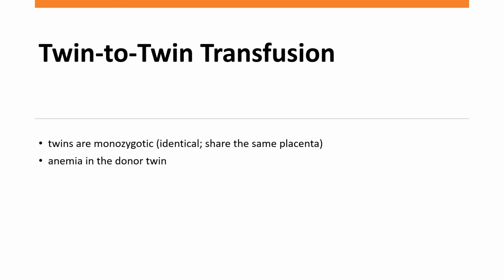So another disease is your twin-to-twin transfusion. It is a phenomenon that can occur if twins are monozygotic, that is identical and share the same placenta, or if abnormal arterio or arteriovenous shunts occur that direct more blood to one twin than the other. The result of this shift of blood leads to anemia in the donor twin and polycythemia in the receiving twin.